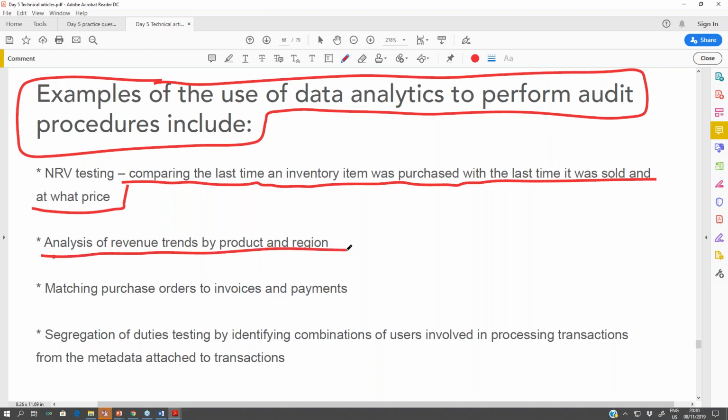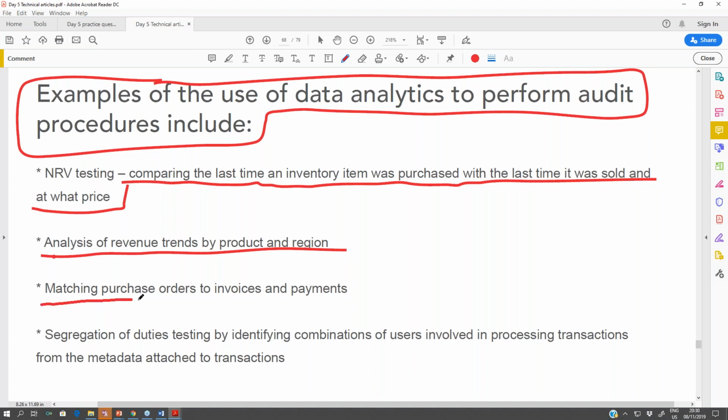We can do the analysis of revenue by region, revenue by customer, revenue by product. It will become so much easier for the auditor to know each product's revenue and each region's revenue.